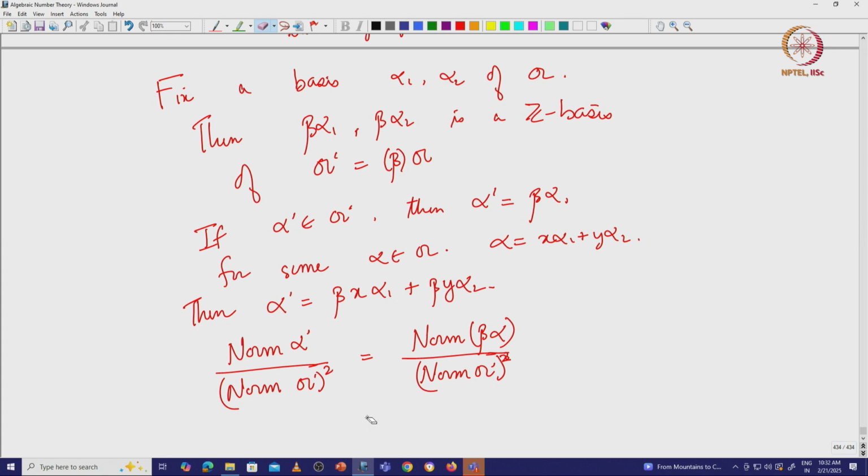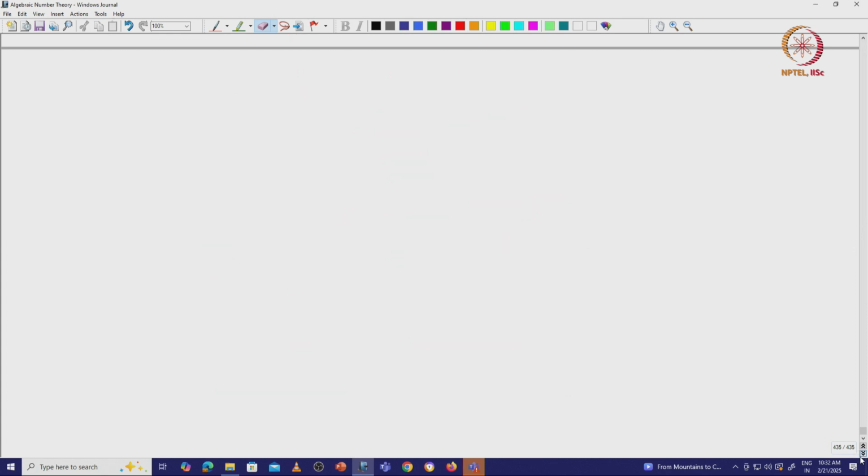If I look at the norm of beta x alpha 1 plus beta y alpha 2, then this thing is simply x squared times beta alpha 1 multiplied by sigma of beta alpha 1.